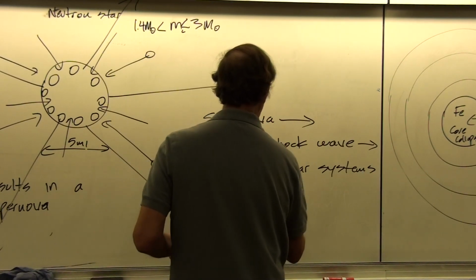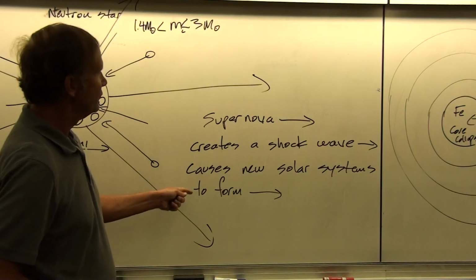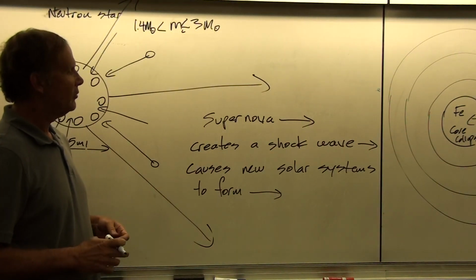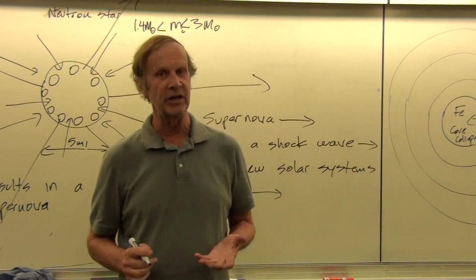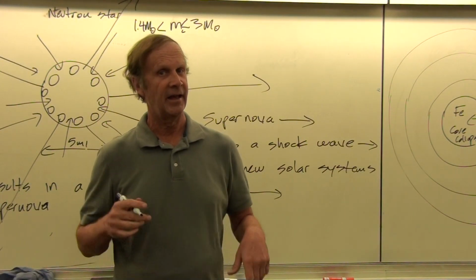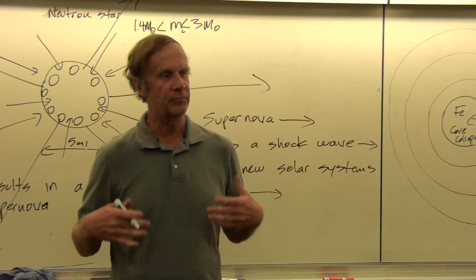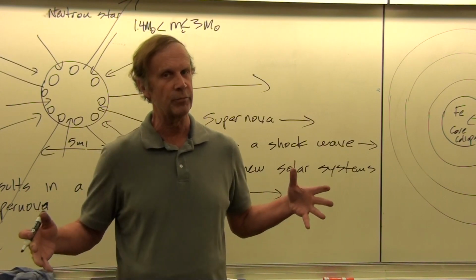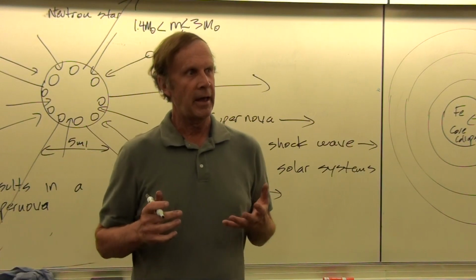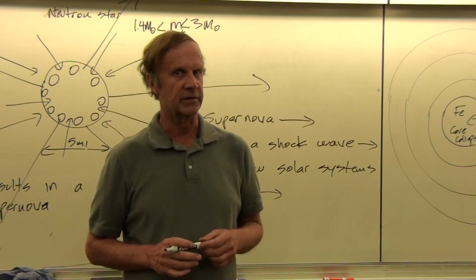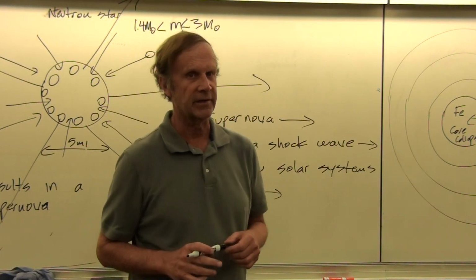But these solar systems are not quite like the ones in the previous generation because they're enriched with heavy elements. So as the intergalactic medium becomes more and more enriched with heavy elements, we have more and better chances for life to exist because now we have more complex elements.